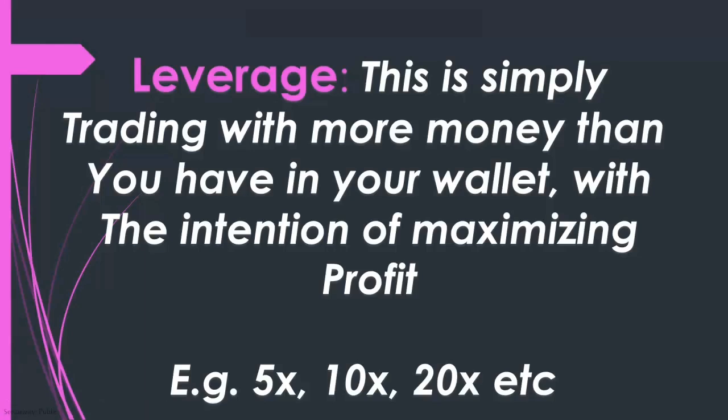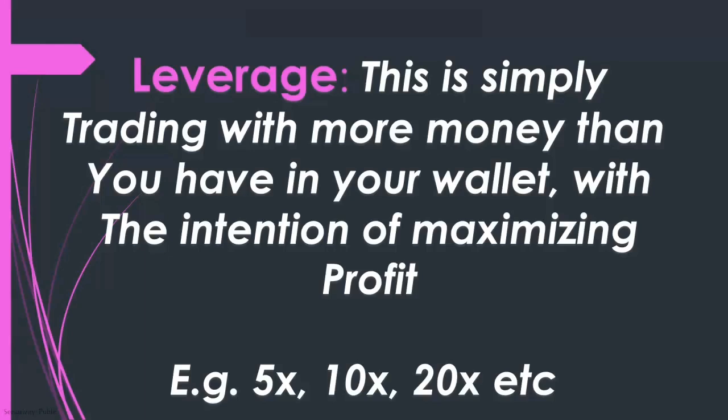So how does leverage really work? If you look down here, you see where I write 5x, 10x, 20x, and what have you. This simply means that, let's assume you have $100 in your account and you are using 5x. That means you can multiply that $100 times 5.